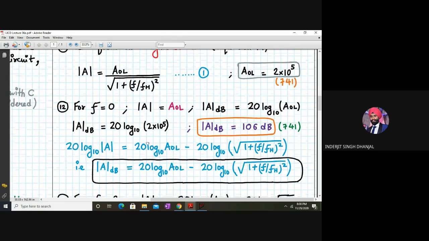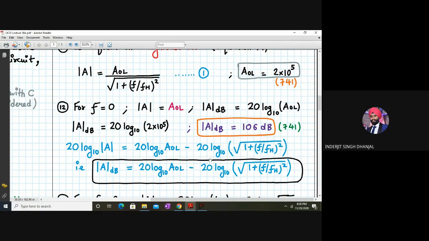Now let's generalize equation number 1 in terms of dB. We can write 20 log to the base 10 mod of A will be equal to 20 log to the base 10 AOL minus, because it is a denominator, in logarithms the division is converted into subtraction, 20 log to the base 10 square root of 1 plus (f upon fh) the whole square.